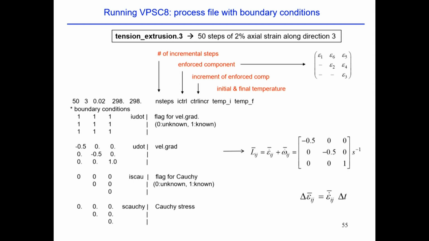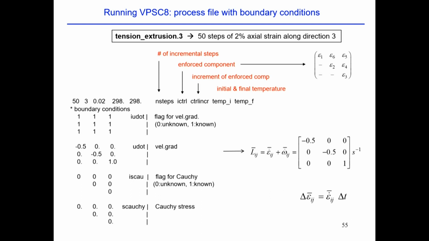Then the control increment is the increment of the component that you are enforcing, which in this case is component 3. So the control increment, epsilon 33, the component that you are enforcing, is 2%.